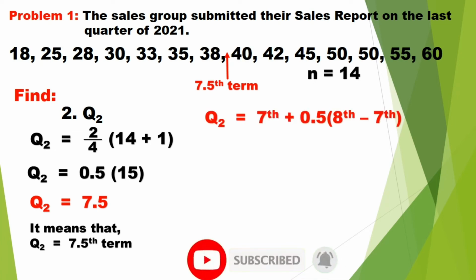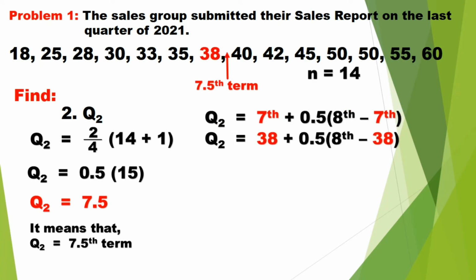Its formula is Q sub 2 equals 7th term plus 0.5 times the quantity of 8th term minus 7th term. By substitution of the values, the 7th term is 38 and the 8th term is 40. So we have the interpolation equation. Q sub 2 equals 38 plus 0.5 times the quantity of 40 minus 38.